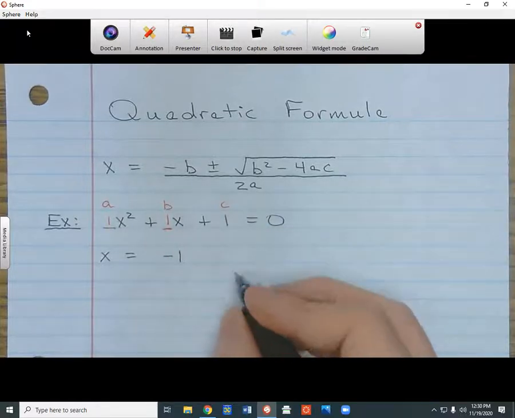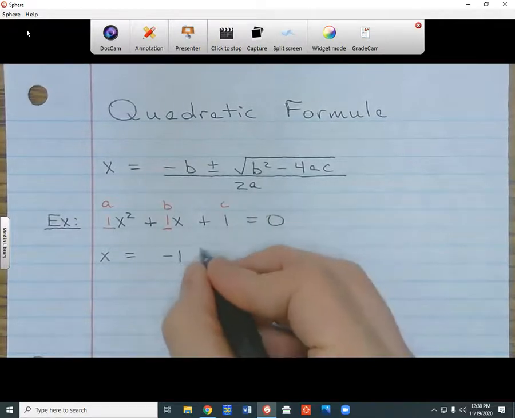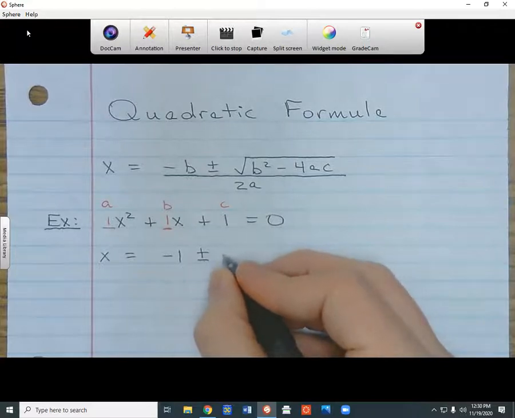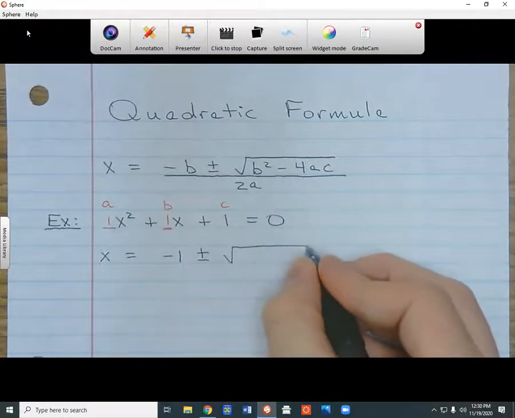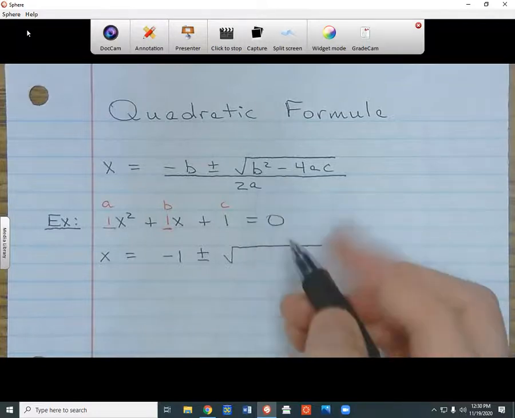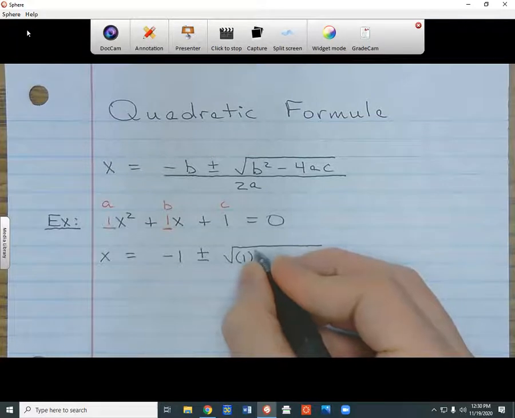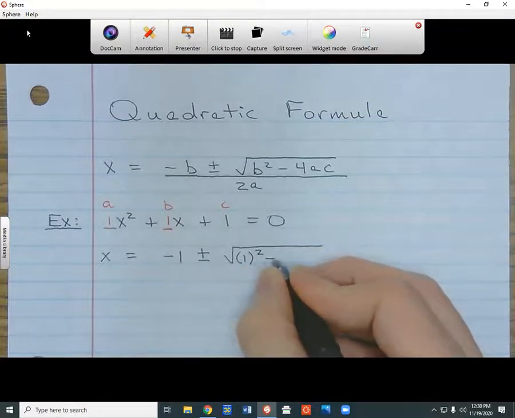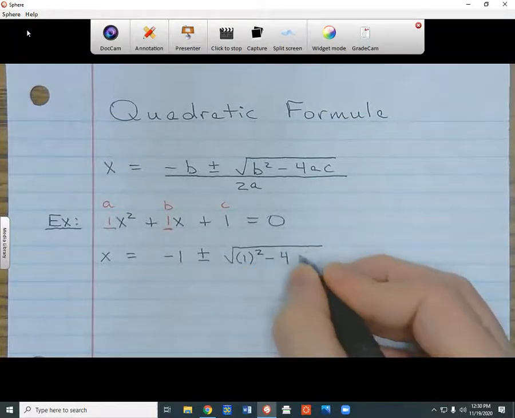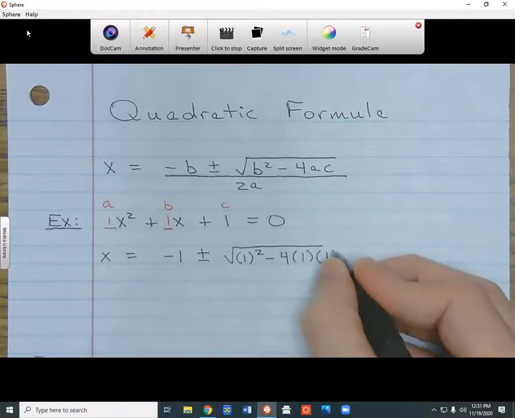Okay? Now the plus or minus is going to come down, and then we have the square root of B squared minus 4AC. I know that B is 1, so I'm going to put 1 inside parentheses, and I'm going to square it. Minus 4 times A times C. And since A and C are both 1s, I'm going to put 1s inside there.